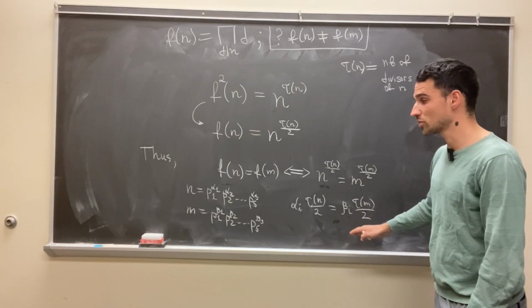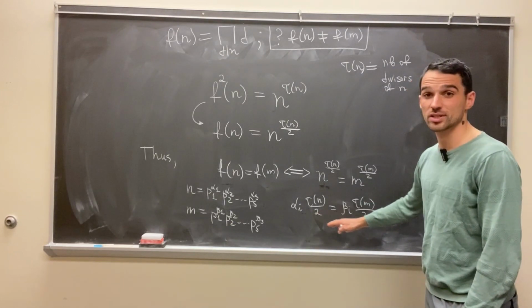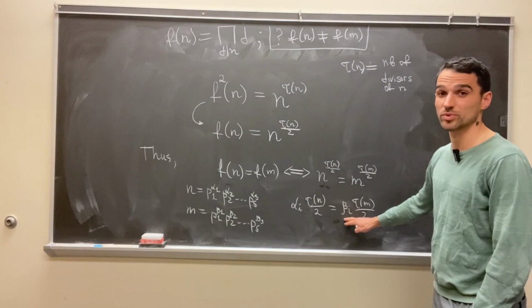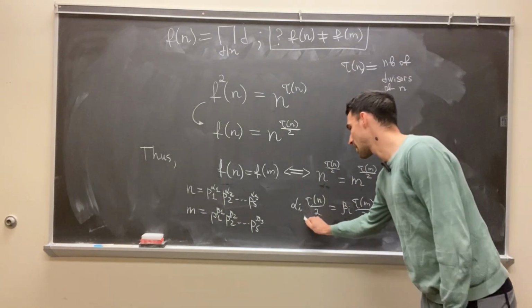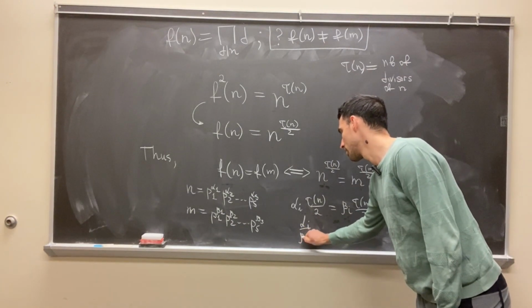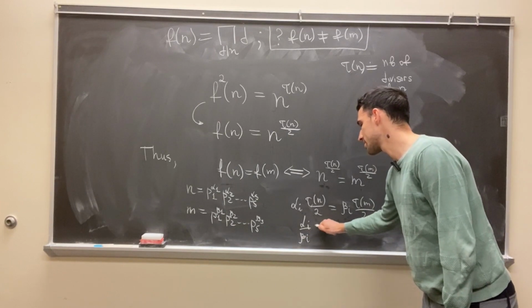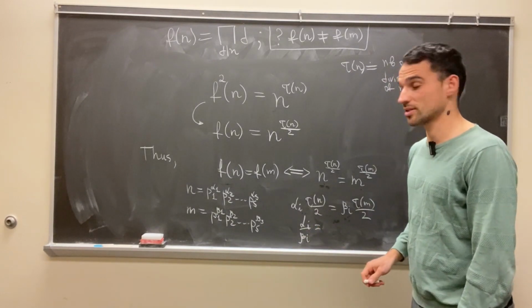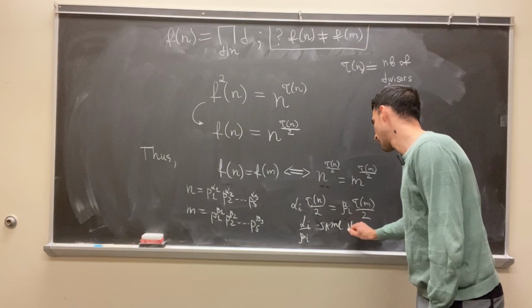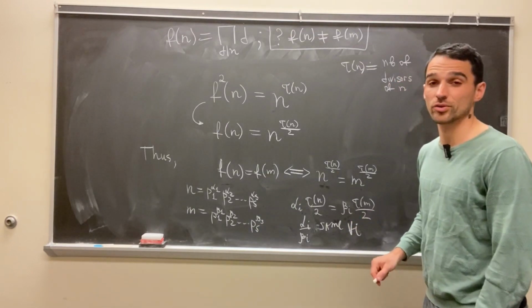And this must be true for all alphas and all the corresponding betas. In other words, this alpha i over beta i is the same constant for all i from 1 to s.